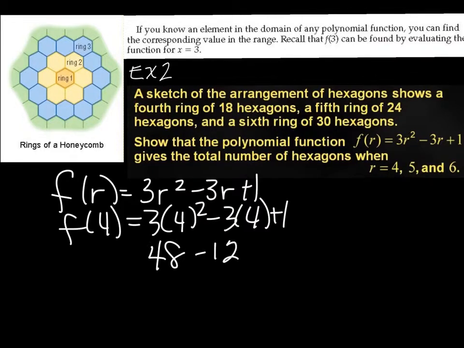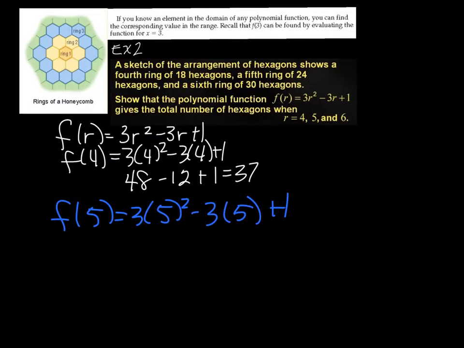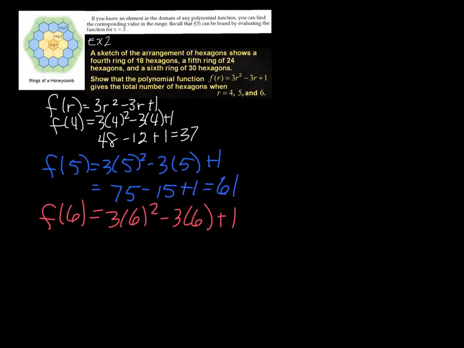Minus 12 would be 36, plus 1 is 37. F of 5, 3 times 25 would be 75, minus 15 is 60, plus 1 is 61. F of 6, 3 times 36 is 108, minus 18 would be 90, plus 1 is 91.